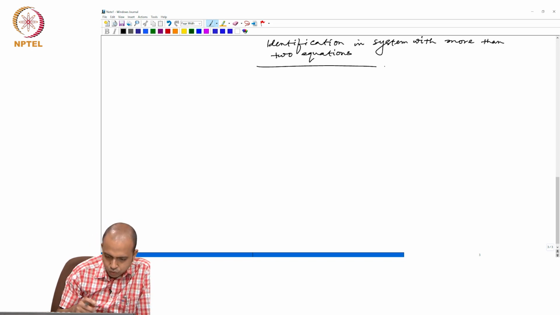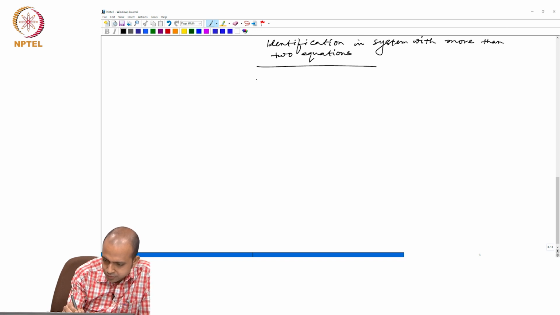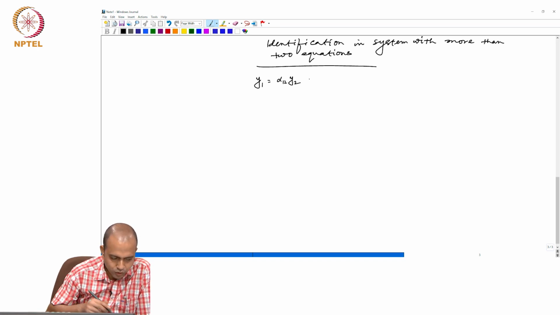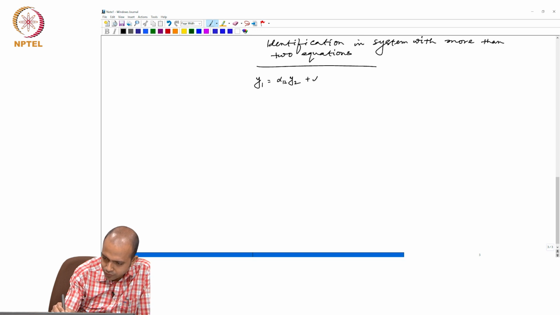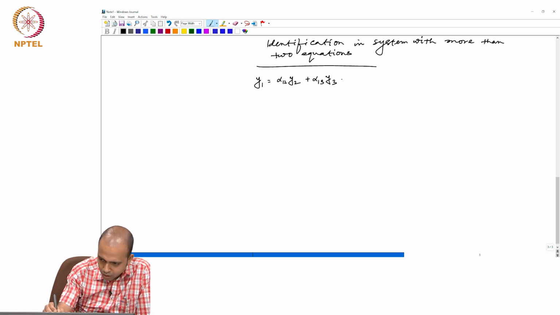Okay. So, now let us say that this is my equation: y1 equals alpha 1 2 y2 plus alpha 1 3 y3 plus beta 1 1 z1 plus u1.